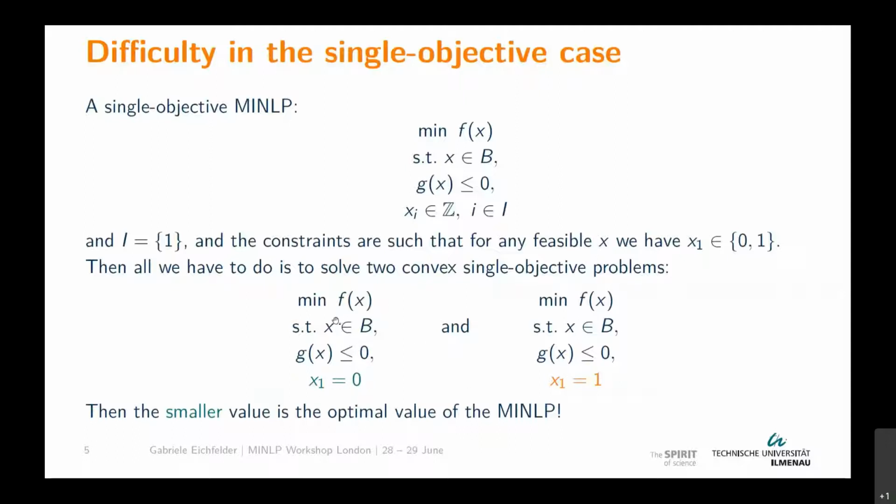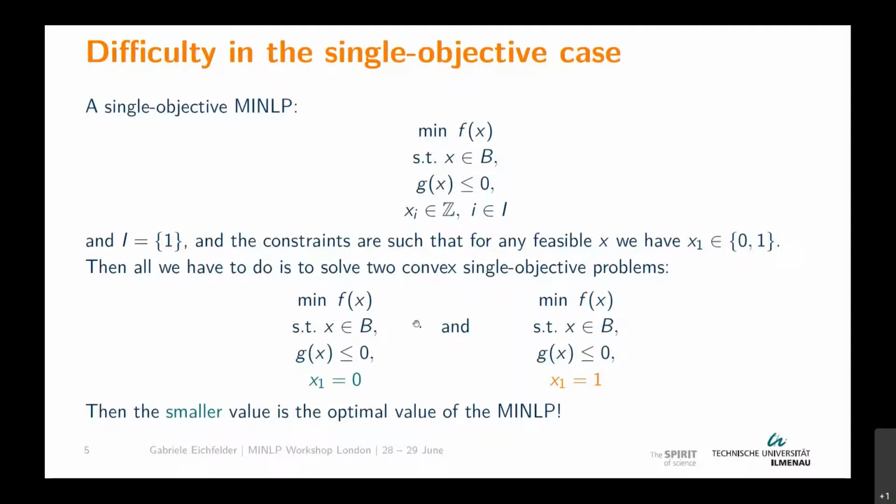Then you have two convex single objective optimization problems. You solve those problems, have two optimal values, you compare them, and the smaller of both is the optimal value of your original mixed integer nonlinear programming problem.